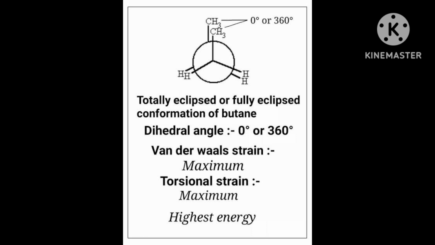Now one more example I am telling you; 2 more I will tell you, and it will become clear. Again total 4 carbons are there. In the middle carbon, a CH3 group is attached. Then total 4 carbons.